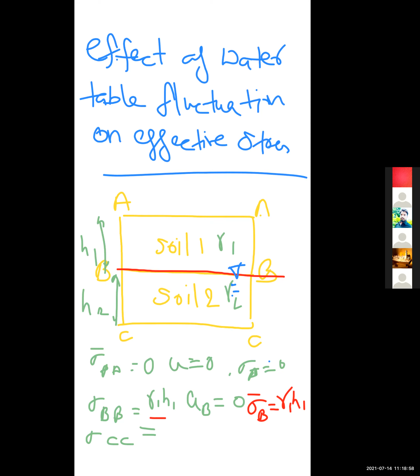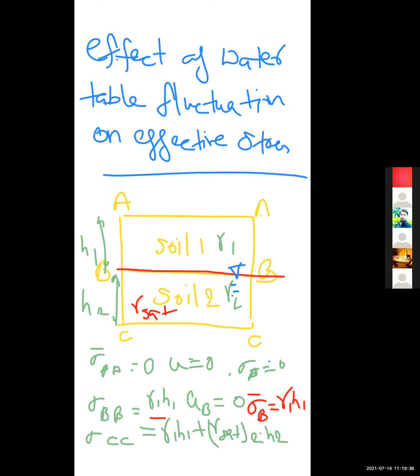But here gamma 2 is now saturated. So we introduce here gamma 2 as the saturated gamma. In the soil 2 zone, gamma is the saturated value. So total stress we can write as gamma 1 into H1 plus gamma sat 2 into H2. Point is clear? This is the total stress.